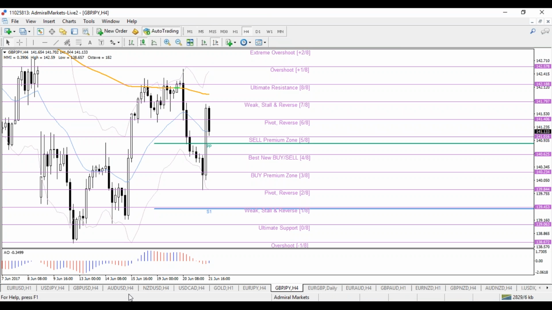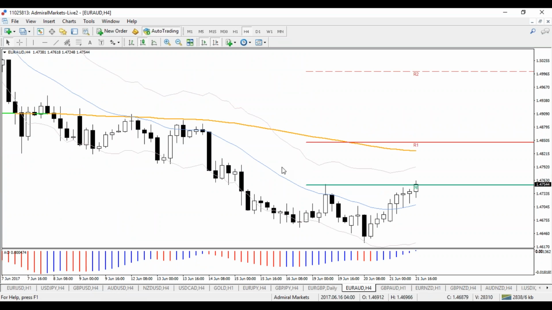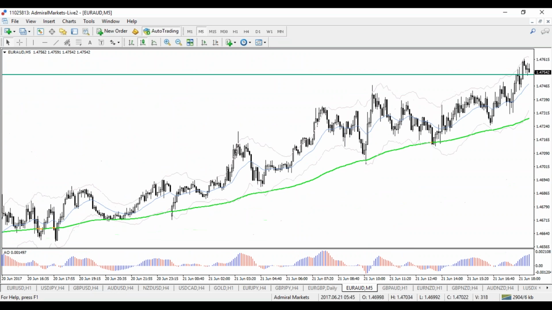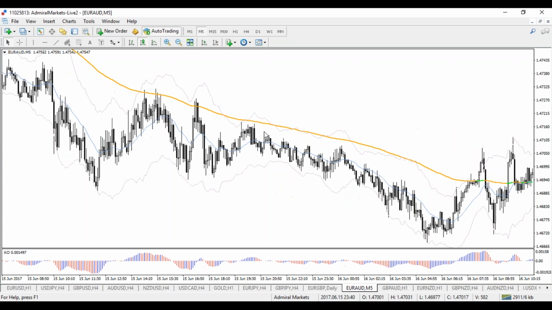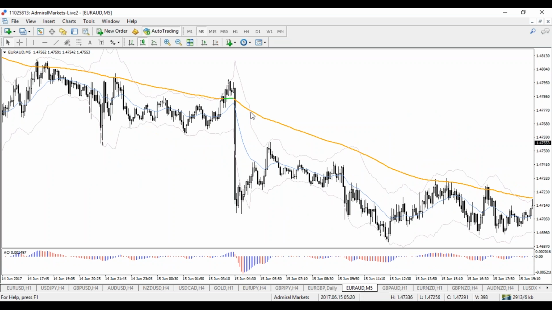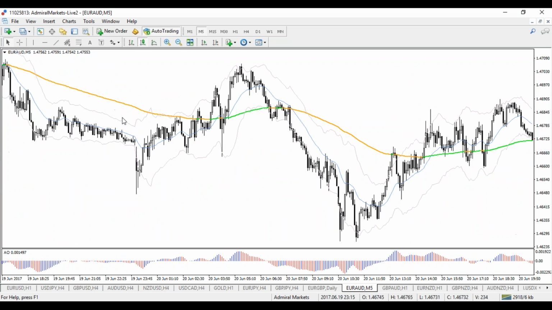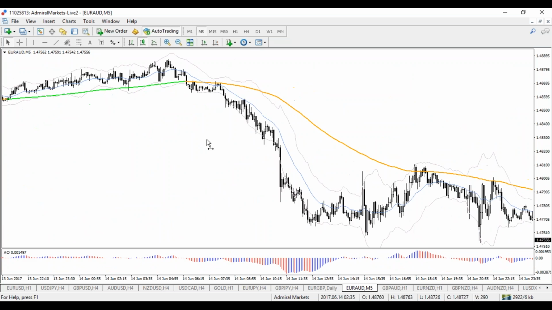Let's take a look at, for instance, let me think for a second. Euro dollar, for instance, was trending a lot. So if you see a strong momentum like this, I'm not sure if I see anything of a better example.